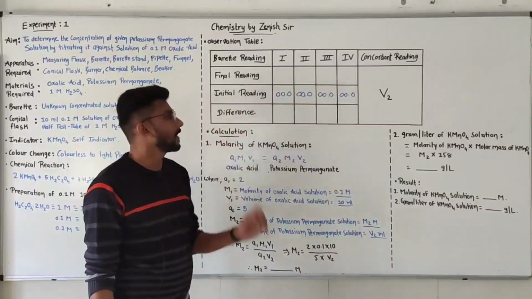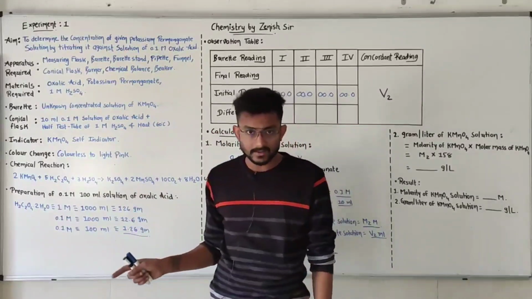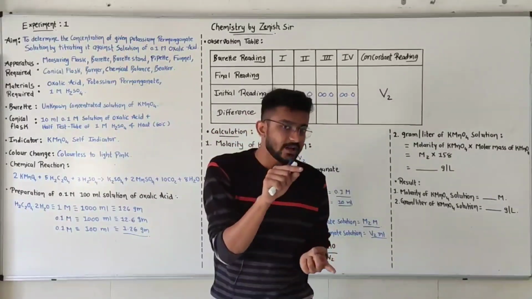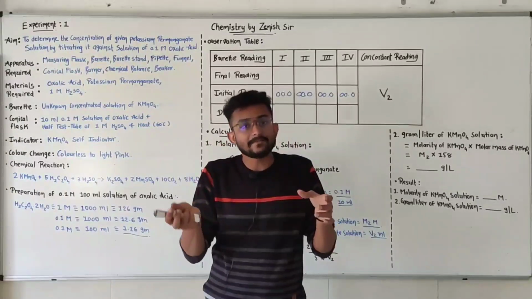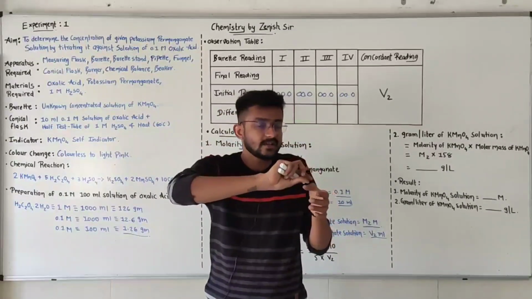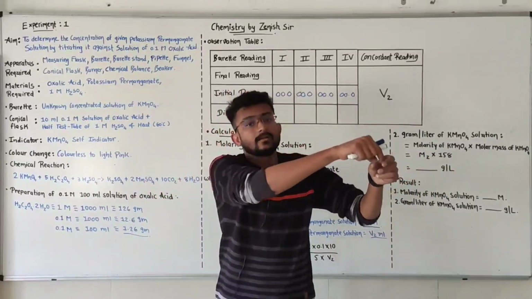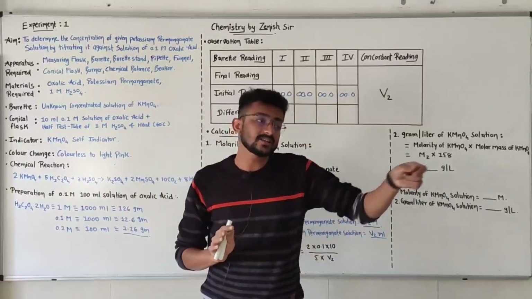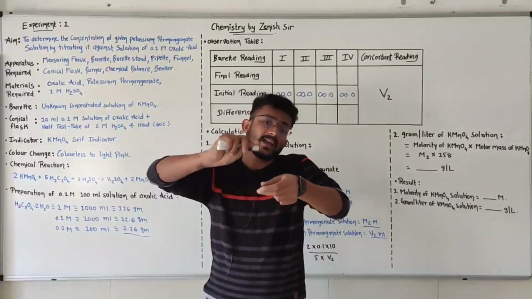Now your final reading. So what is the whole procedure? We will take a pipette, we measure 10 ml from the pipette, we transfer it into the conical flask, we add half a test tube of the sulfuric acid, we heat it, use the thermometer, and exactly at 60 degrees Celsius we take it back and we are adding KMnO4 into it.